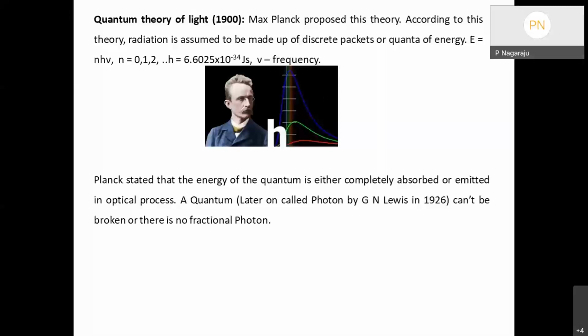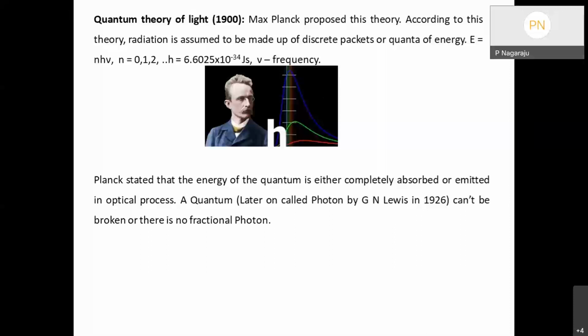On the other hand, the Rayleigh-Jeans law explained the black body spectrum at higher temperature and longer wavelength, but failed to explain it at lower temperature and smaller wavelength.